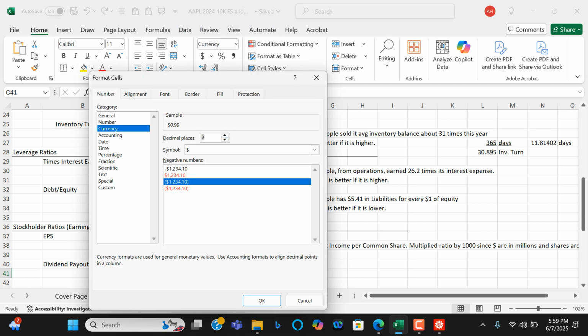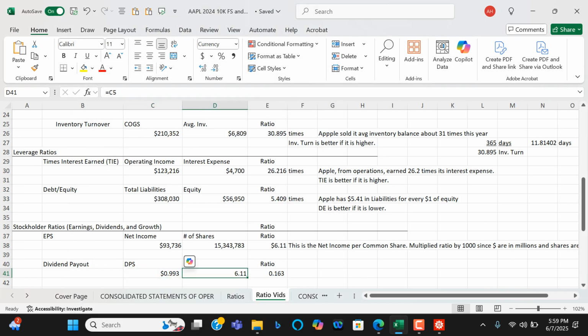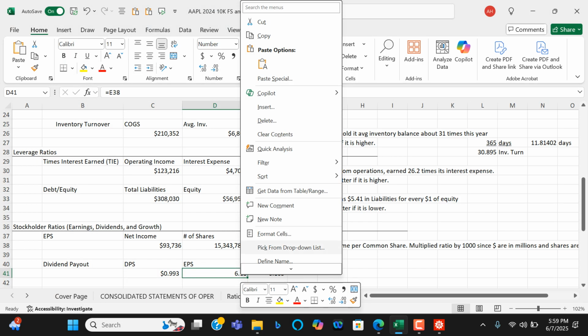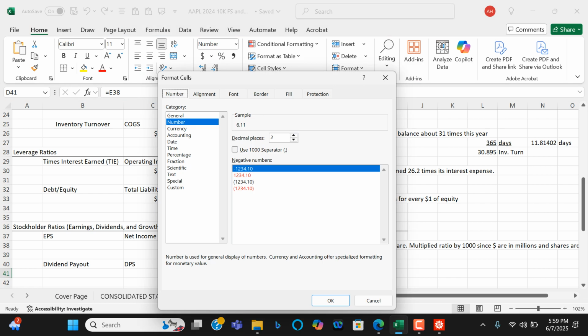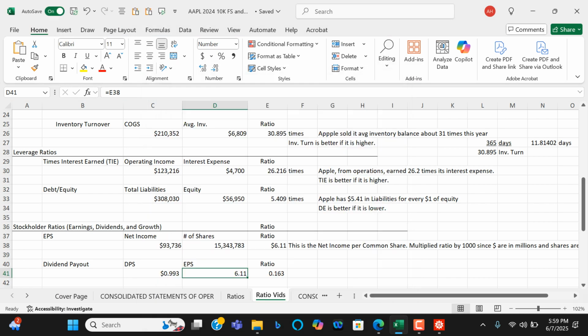I'm going to go ahead and format these in terms of dollars. It's the 99 cents, 99.3. And this definitely has to be formatted in terms of dollars, because you're dividing dollars by dollars here. So currency, $6.11, that looks good.